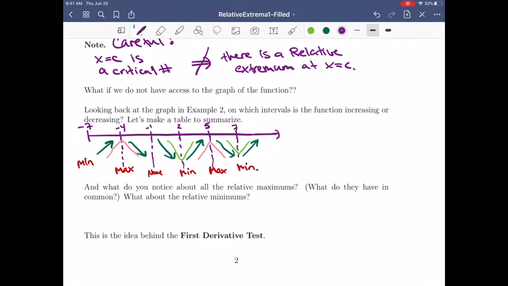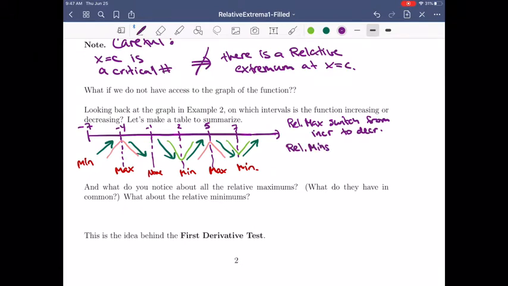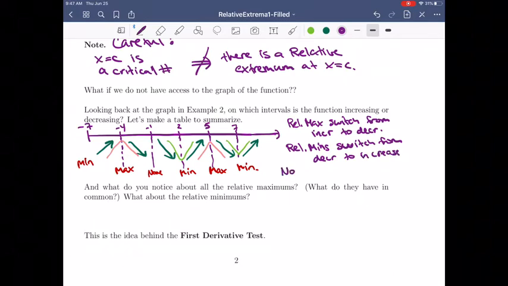Relative maxes switch from increase to decrease. Relative mins switch from decrease to increase. Again, we're going from left to right. And we get no extremum if there is no switch.